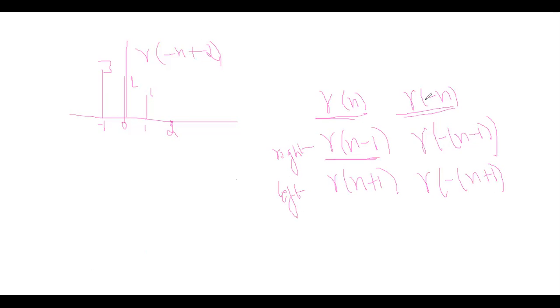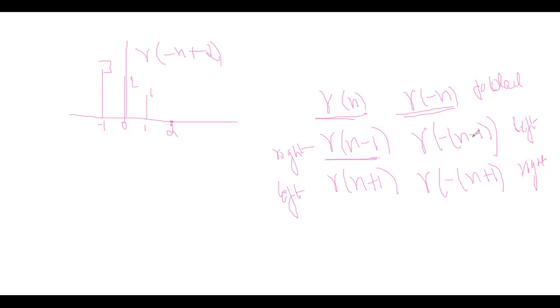But R of minus n is a folded signal. R of minus of n minus 1 means shifting to the left side here, and R of minus of n plus 1 is the reverse.